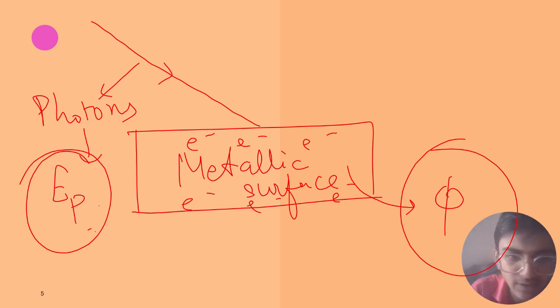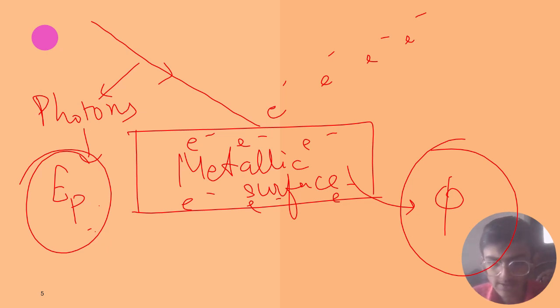We can illustrate it this way: photons are incident on the metallic surface, then photon electron collision occurs, and finally electrons are ejected out. This phenomenon is called the photoelectric effect, that is, the photon electron effect. So this is a broad idea of the photoelectric effect.